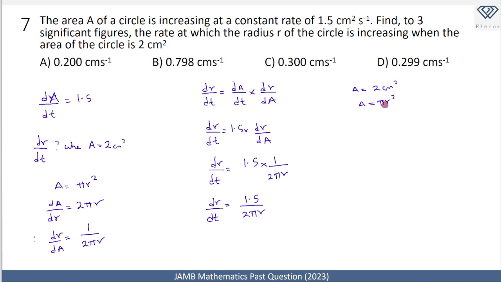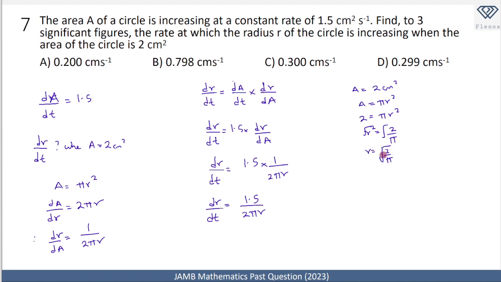So thankfully we can use this knowledge to figure out the radius. The area is 2, so 2 is equal to pi times r squared. Dividing both sides by pi, r squared is equal to 2 over pi. And if I find the square root of both sides, r is just the square root of 2 over pi.